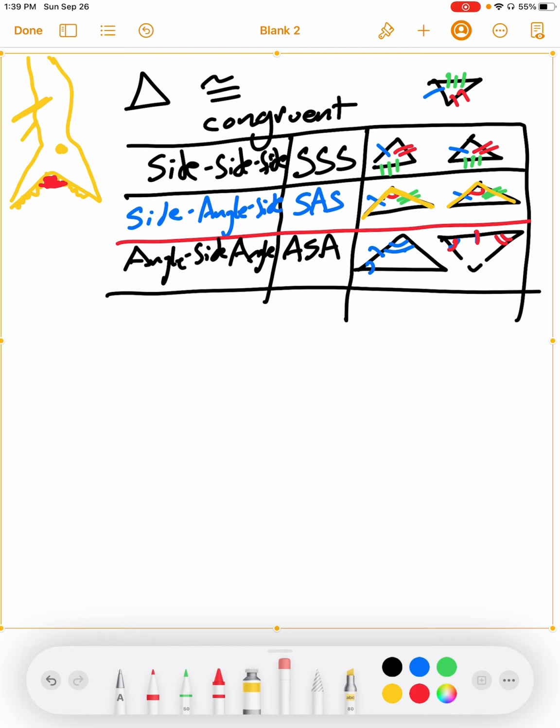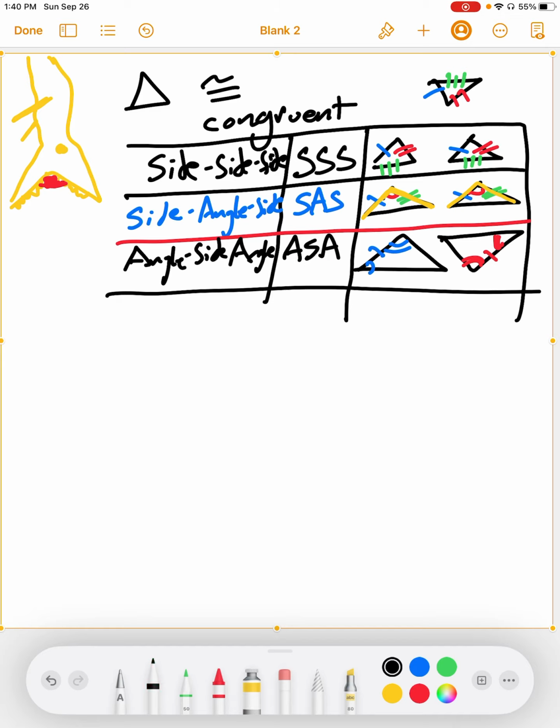Okay, and it looks like actually when we look at it, it should be, let's see, my mistake there. It should be angle, side, angle. Okay, just looking at the corresponding sides there. Okay, so that's one of them.